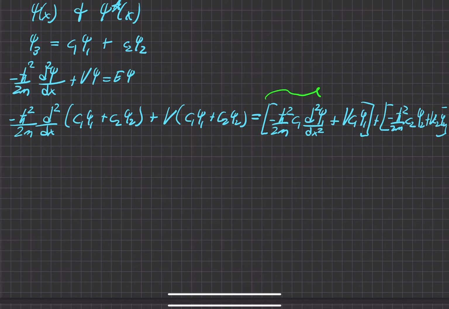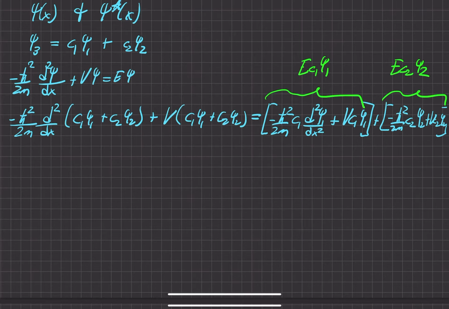So we know that this looks really similar to this side, so that's just going to be the energy times C1 psi 1. And then this side is the same thing. It's just the energy C2 psi 2, right?